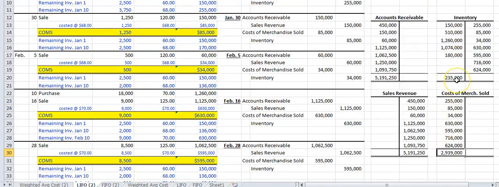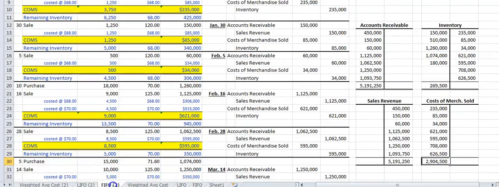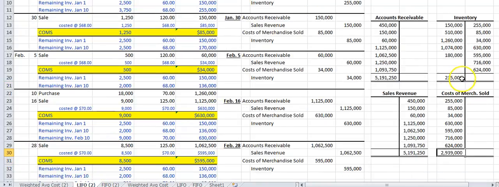And your ending inventory will therefore be lower. 235 versus 269 in FIFO. So the ending inventory is lower because you cost it more on your sales. Okay, so that is LIFO.